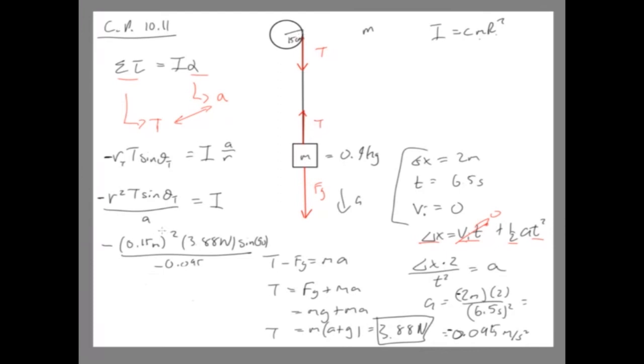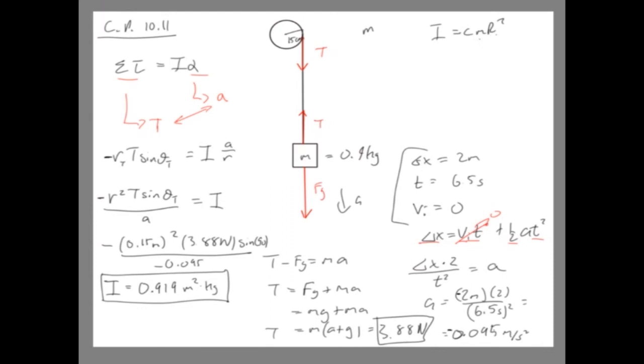And then we are going to divide that by our acceleration, negative 0.095, and that gives us 0.919 meters squared times kilograms, which, if we look at the normal formula for moment of inertia, some constant times mr squared, we see we should have units of kilograms times units of meters squared.